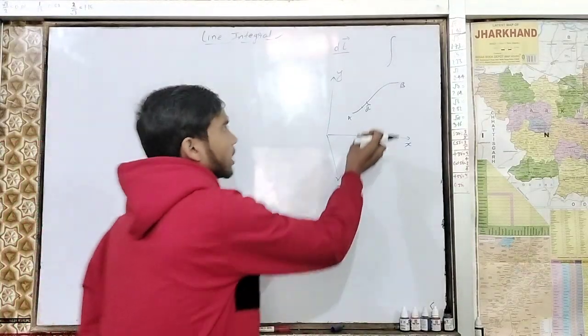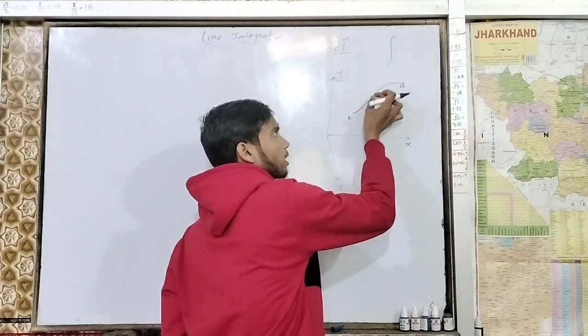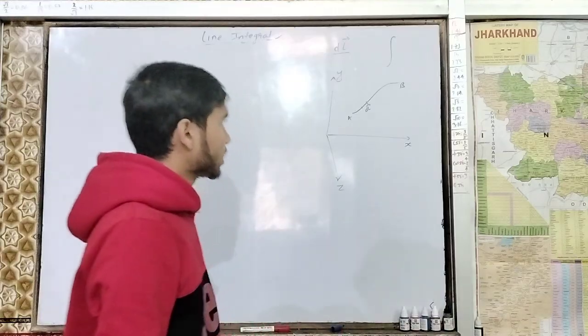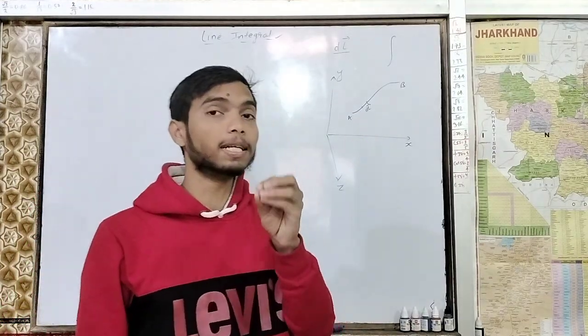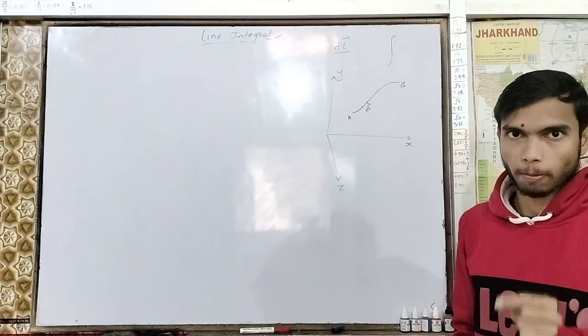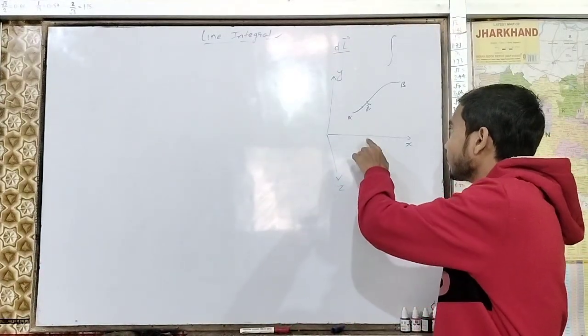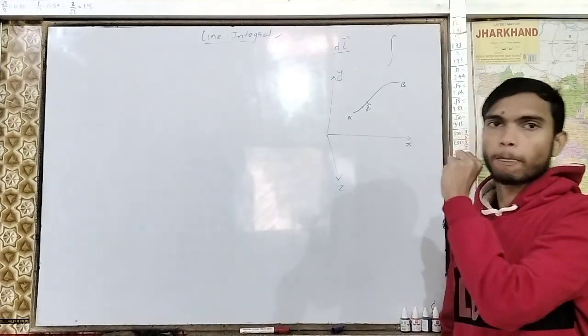So a small length dl we will take from A to B. Since it is a vector, of course it depends on position. It will have some x, some y, some z.